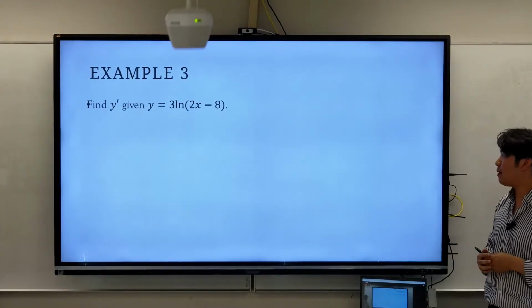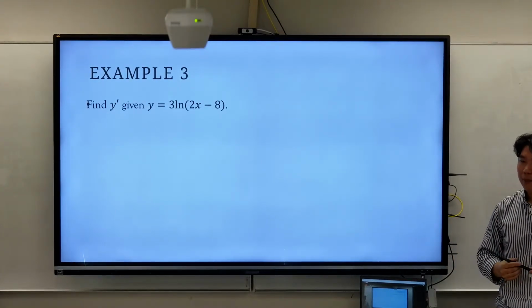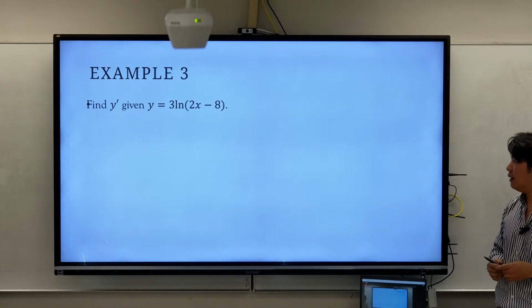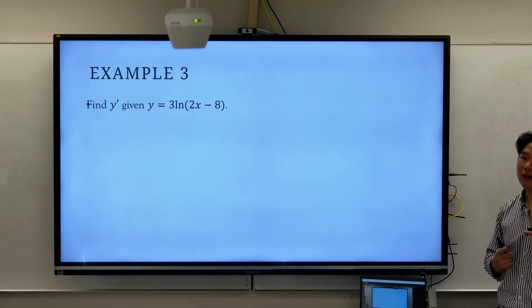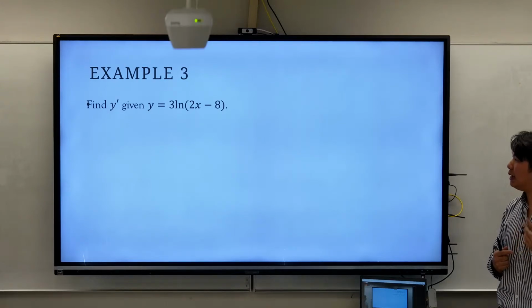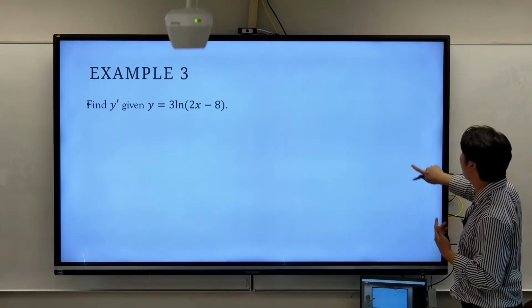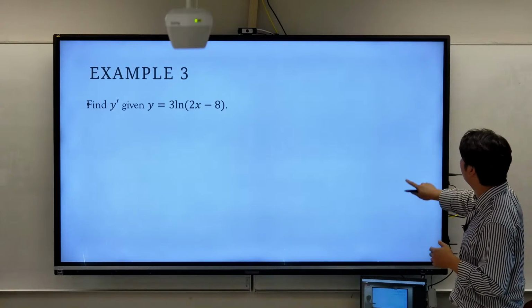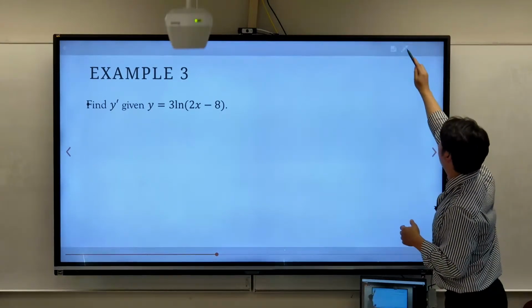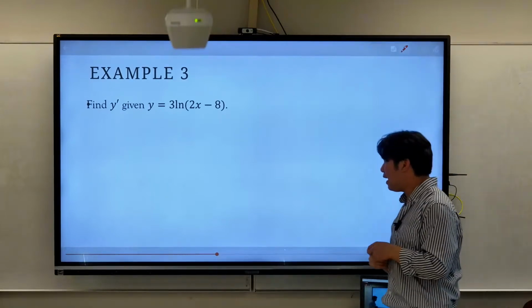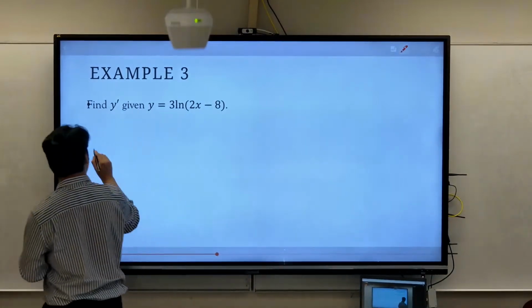So let's go ahead and look at this example. Example 3. Let's get the derivative y prime if I know that the function is y equals 3 natural log of 2x minus 8. So let me go ahead and pull up this pen. I want the derivative, y prime.